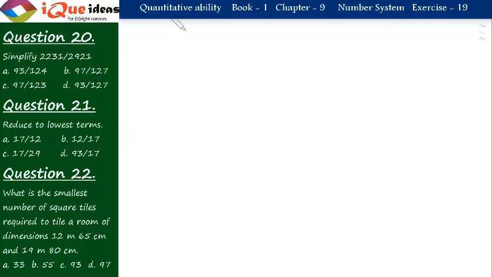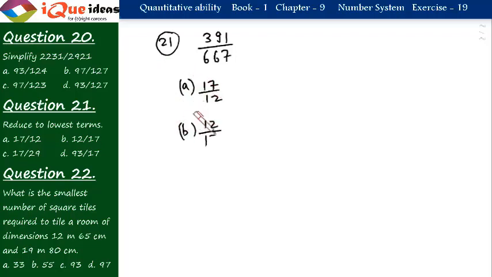Now the next question is on similar lines. The question is, reduce 391 upon 667 to the lowest terms. Let's again first go by the options. A is 17 by 12. B option is 12 by 17. C option is 17 upon 29.